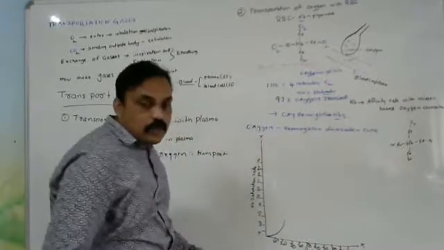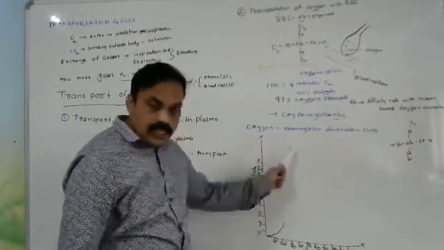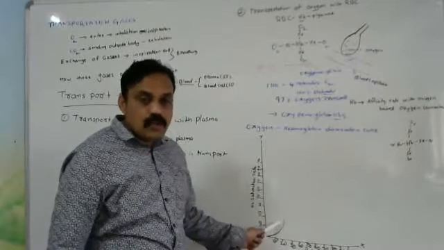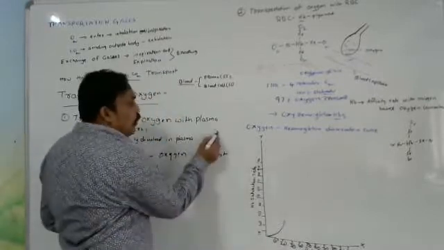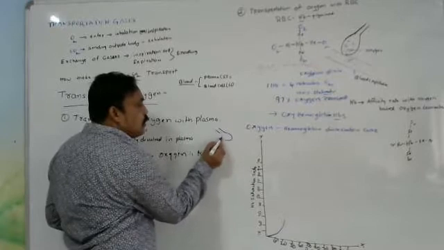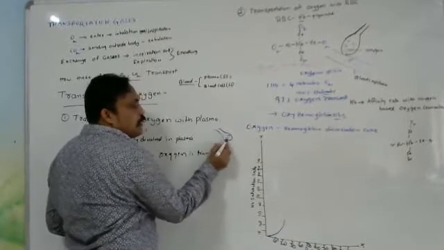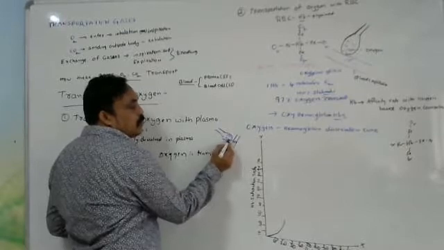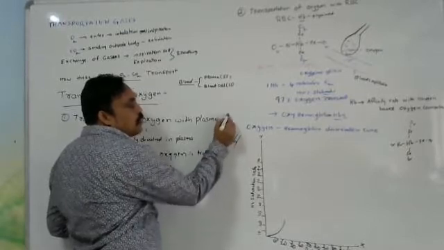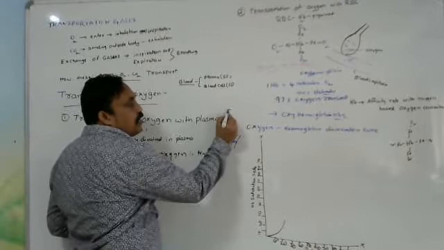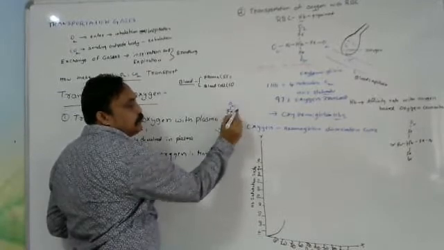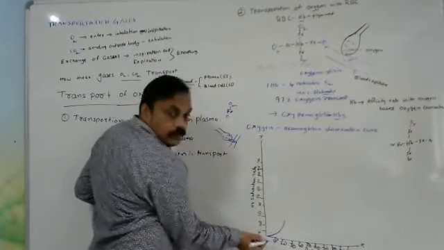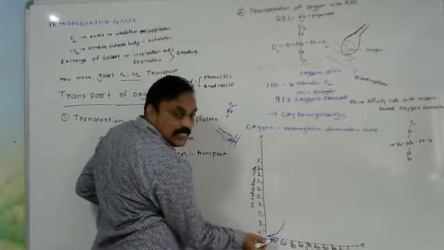So I start the curve not straight, but slowly. First it absorbs some oxygen: one ferrous ion binding with oxygen. So I start slowly, just a slight curve.